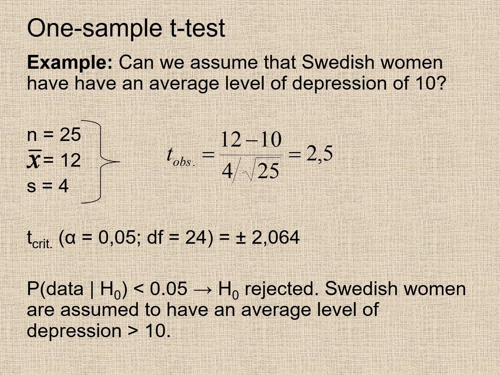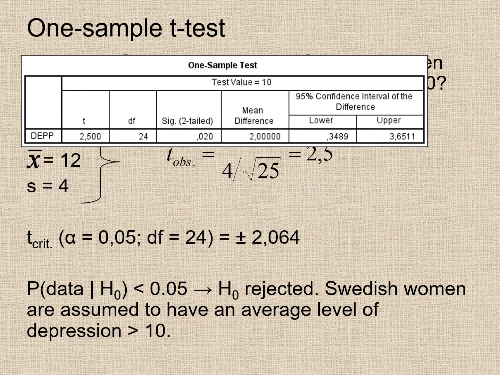Would we conduct this analysis with a statistics program, for instance SPSS, we might get an output that looks like this. Well, in this case it would look exactly like this. So here we see that we have a test value that is 10. So we test if the population mean could be a value of 10.